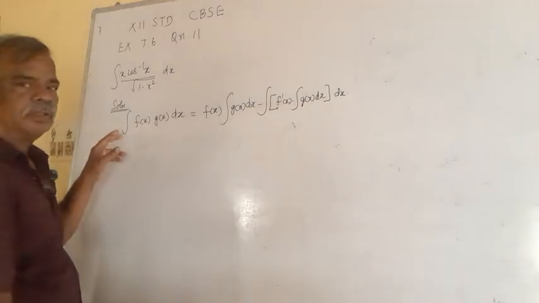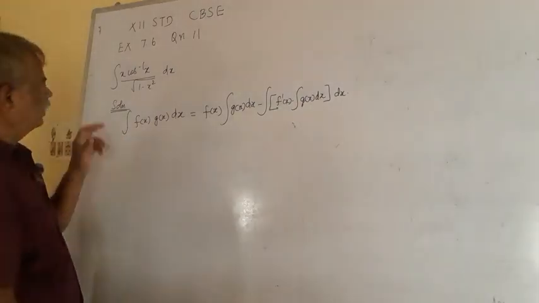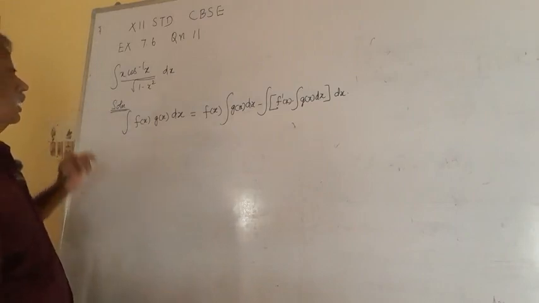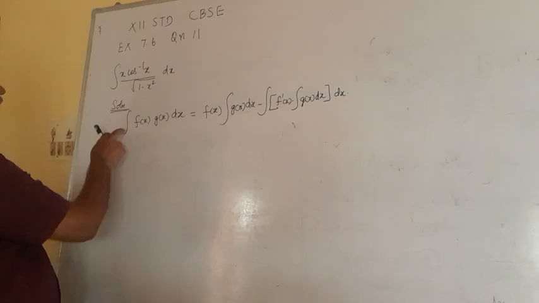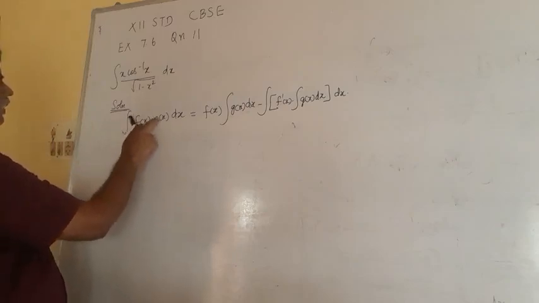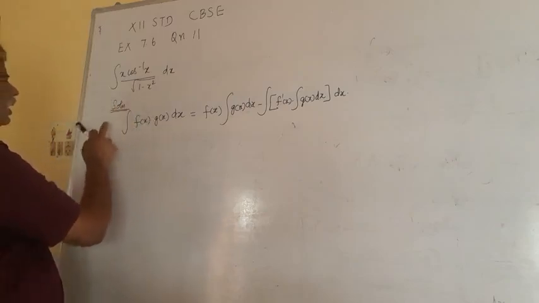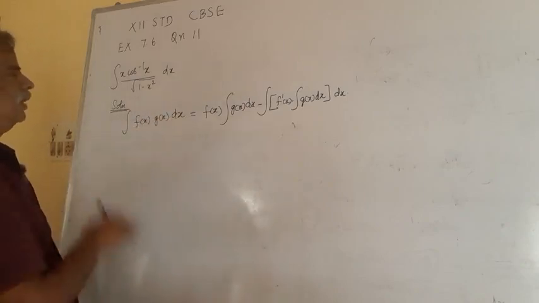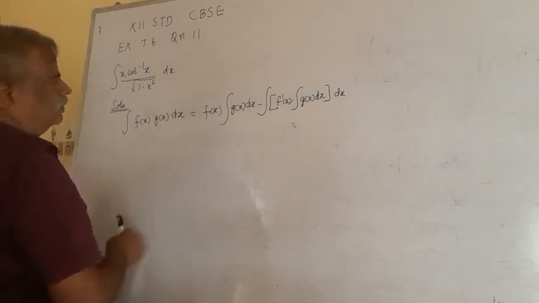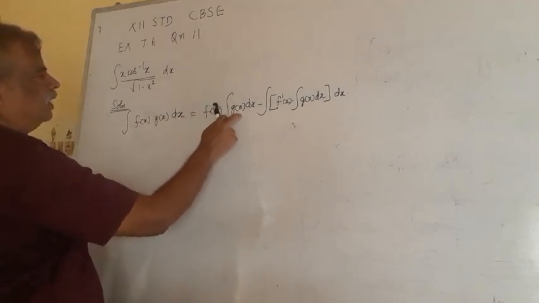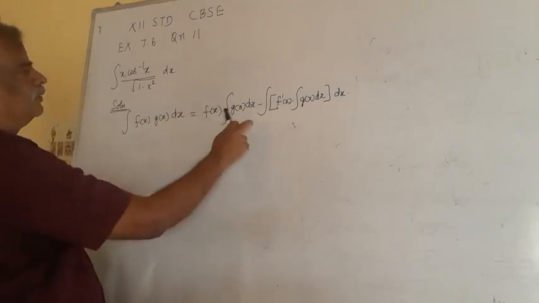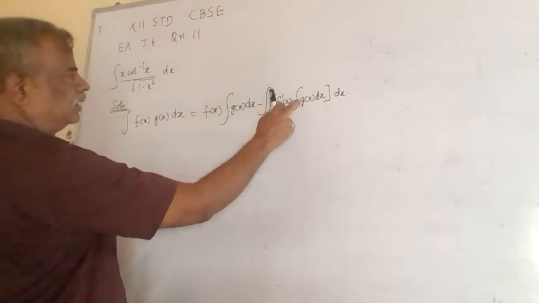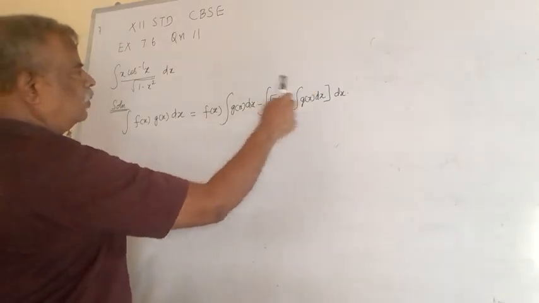For this type of function, to find the integration, there is one solution formula: if there are two functions f of x and g of x, then the integration of f of x g of x dx is equal to f of x times the integration of g of x dx, minus the integration of f dash x into the integration of g of x dx, whole bracket dx.